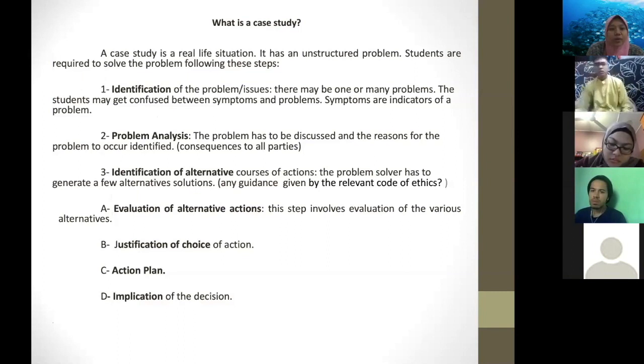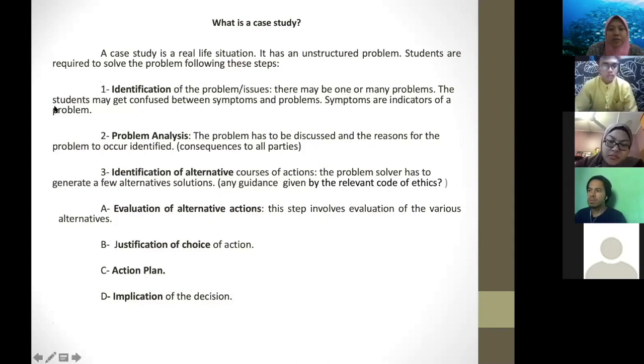So you won't get good marks if you don't follow this flow of answering, because it's logical to answer it like that. Make sure that when you write, you have these three segments clearly written in your assignment.